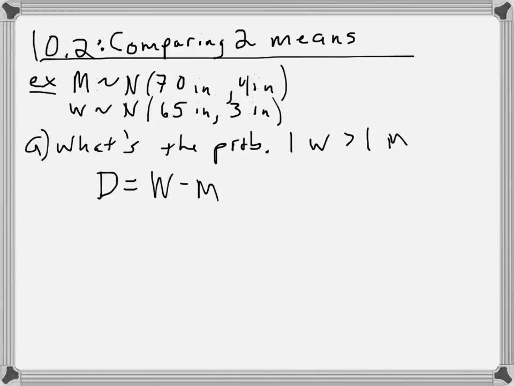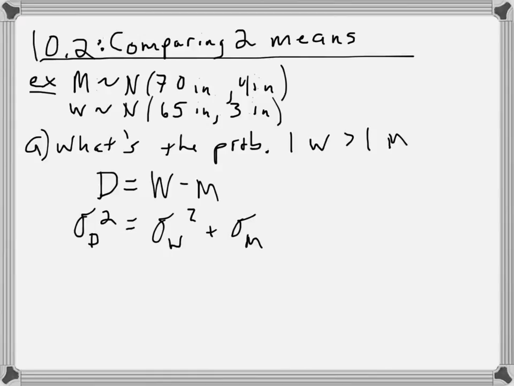And then we said, well, if the two variables are independent, that is, if the man's height doesn't affect the woman's height and vice versa, which clearly it's not going to, then we can't add the standard deviations together, but we could use the Pythagorean theorem of statistics. And we said we could add the two variances together.